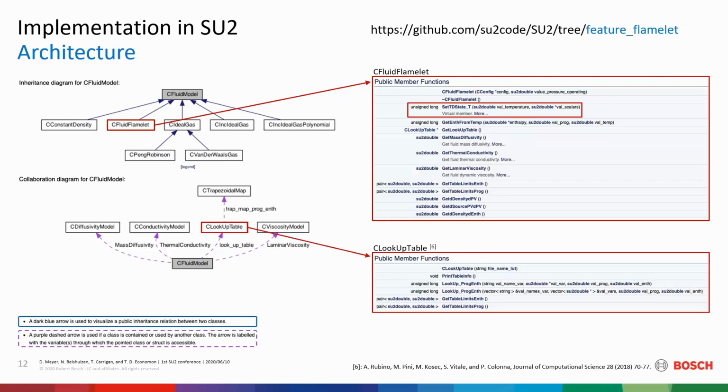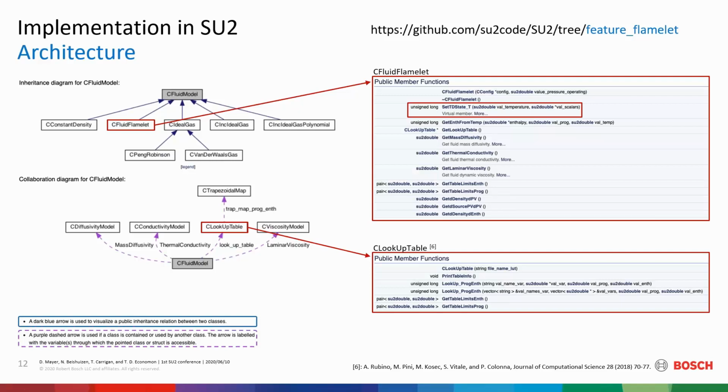The lookup table itself is based on work that was done in the group of Piero and Matteo. They provided us an early version of such a lookup table code. We rewrote it a little bit, and now you can find it in the feature FLAMELET branch.